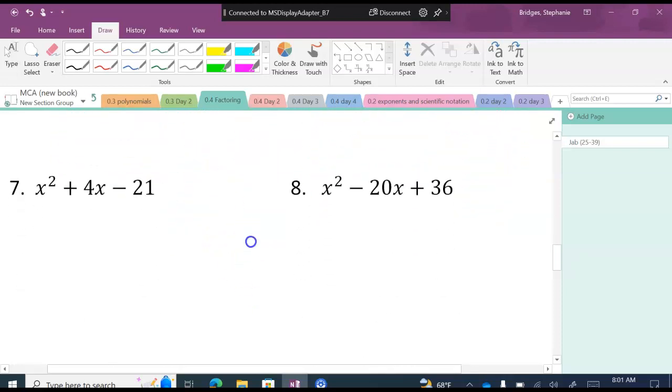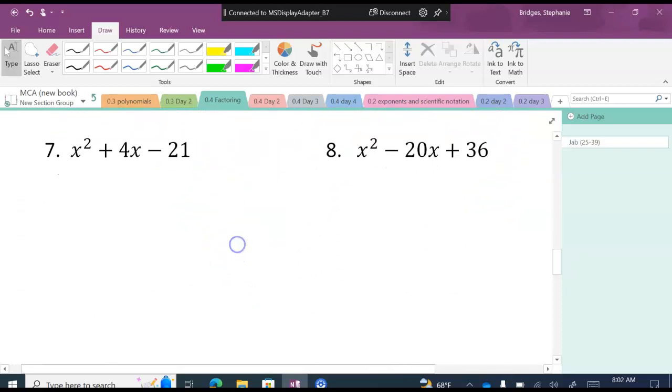I would like for you to try both of those. One minus, one plus. Try both of those. I'm not forcing you to think about it the way I do. You do whatever you're comfortable with that helps you get to the right answer.